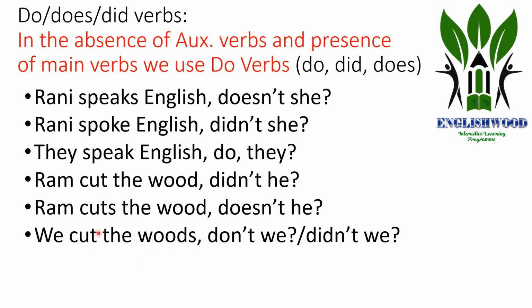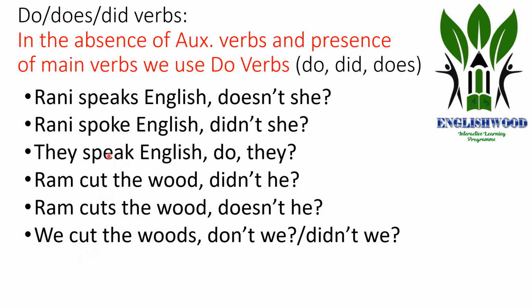We cut the wood. When it is we cut the wood, there might be two chances, don't we as well as didn't we, because if cut means verb 2, didn't we; if cut means verb 1, don't we? Because with a plural subject we don't use cuts. She cuts, he cuts, but not we cuts.